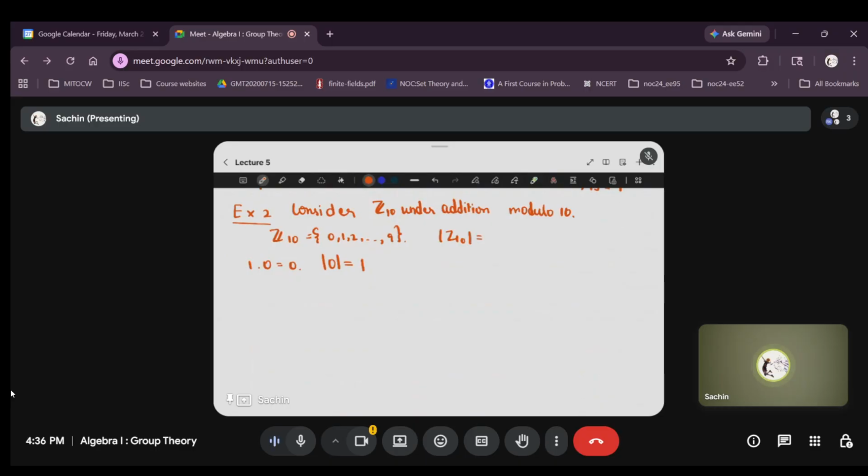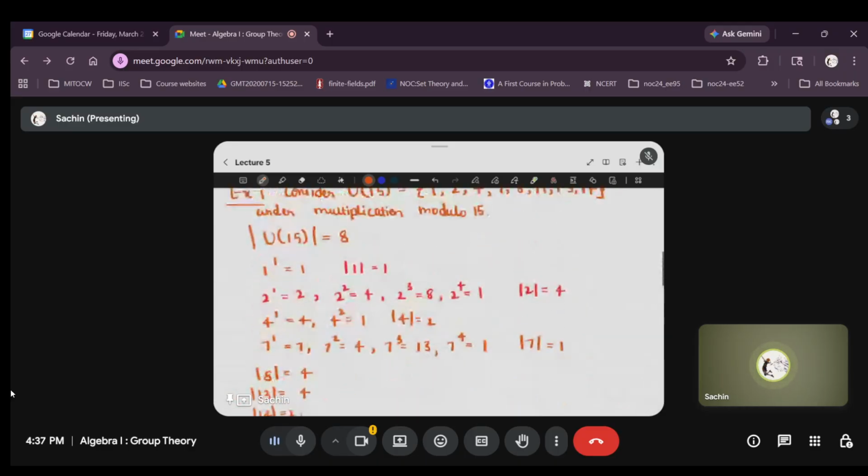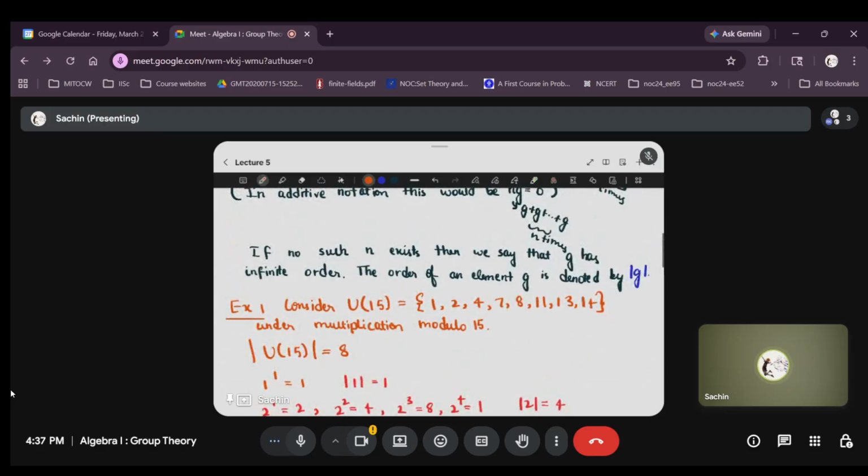How many elements does Zn have for any n under addition modulo n? Yes, there will be n elements because 0 is also included: 0 to n minus 1. Then what about U of n? How many elements will there be?